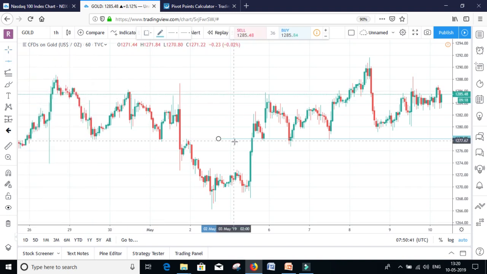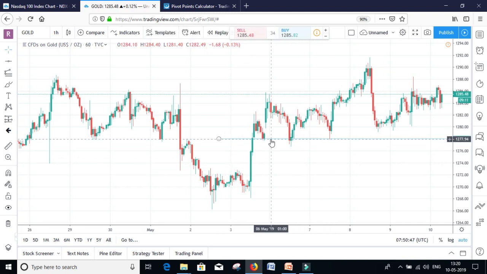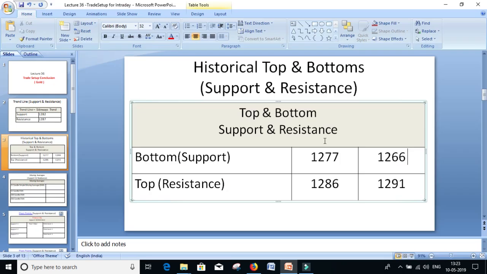We have to use this. So by putting in these figures, we can easily calculate top and bottom.